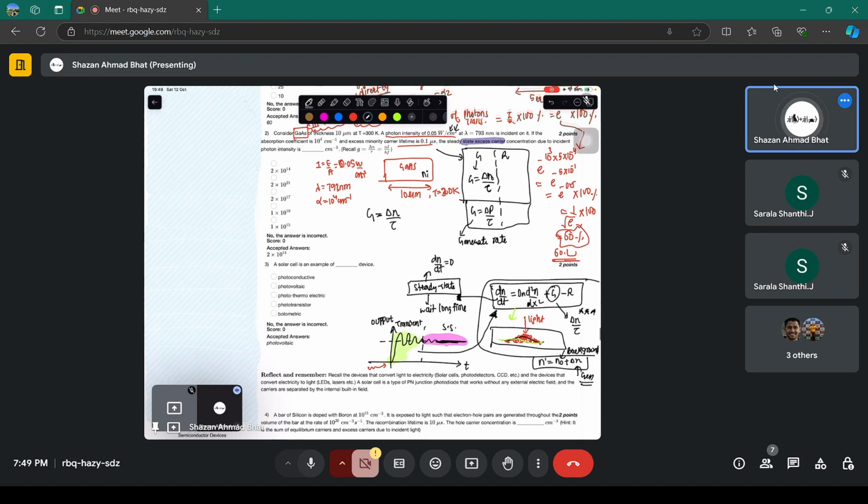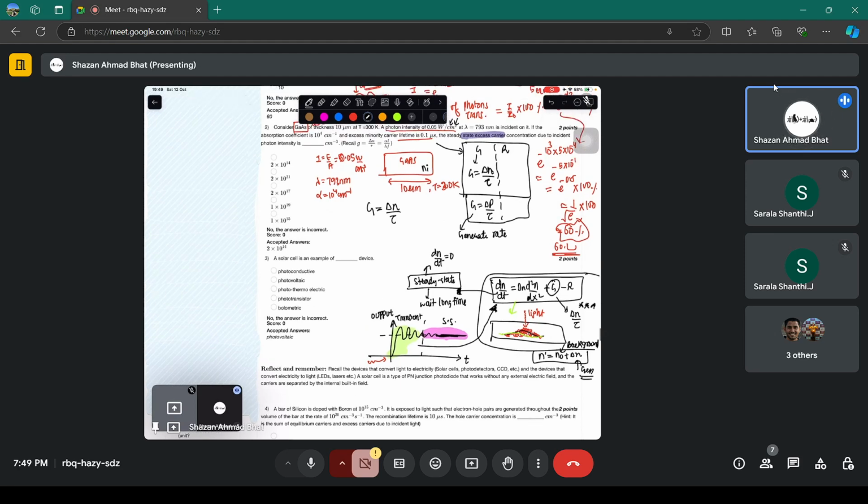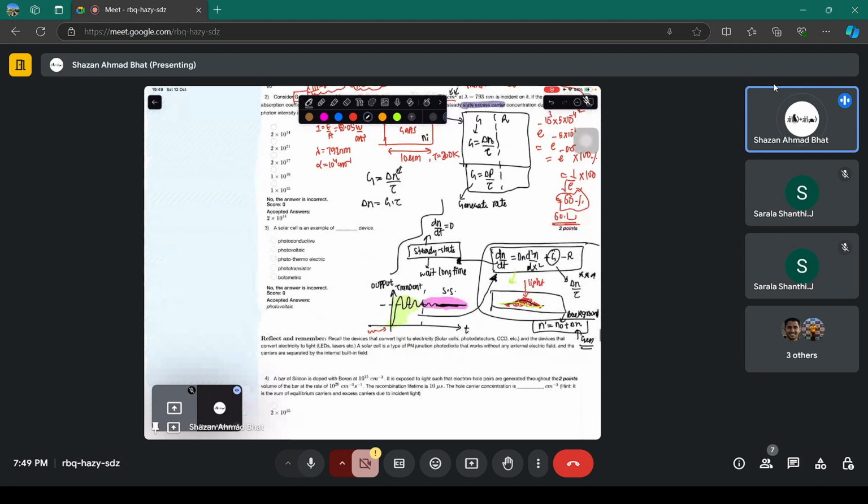You need to find delta n, and it will be generation times tau. This generation can be written as alpha times the intensity divided by h nu, which is basically the intensity of the input light.